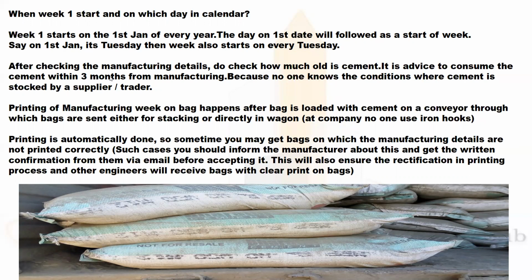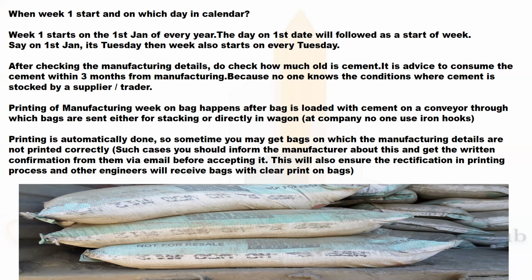After checking the manufacturing details, do check how old the cement is. It is advised to consume the cement within 3 months of the manufacturing date. Printing of the manufacturing week on the bag happens after the bag is loaded with cement, on a conveyor through which bags are sent to dispatch.